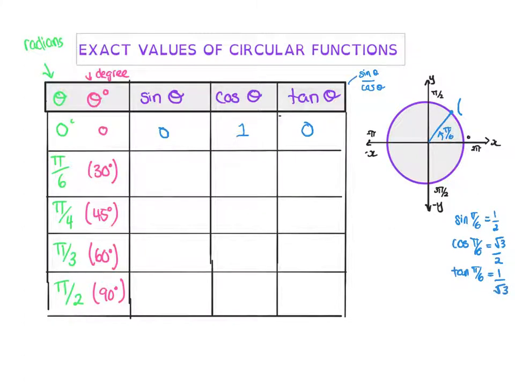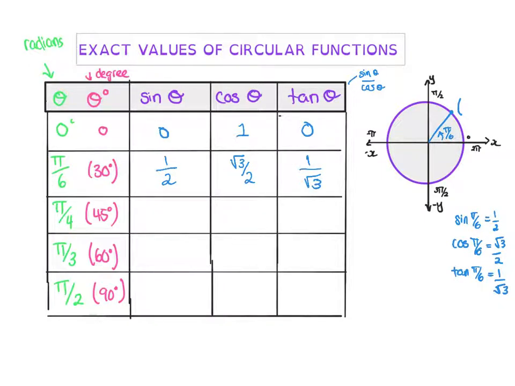Okay, so we can pop them into our exact values table, which we're going to have to learn off by heart. So we could say sine pi on 6 or sine 30, they're the same thing, which means you need to remember these off by heart. And we pop all these in there like that. So that's our first one.